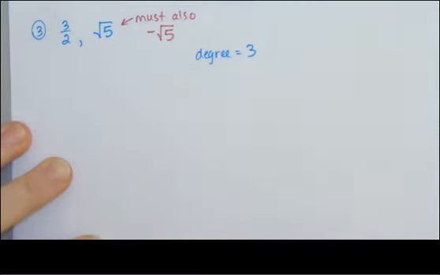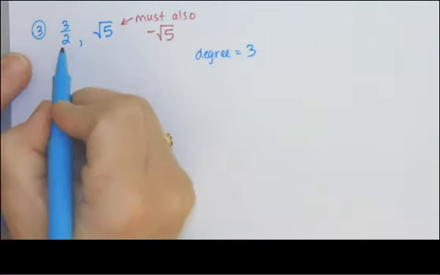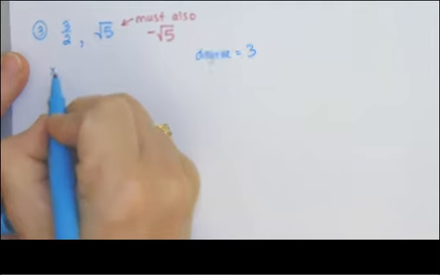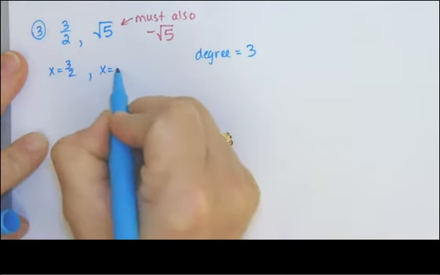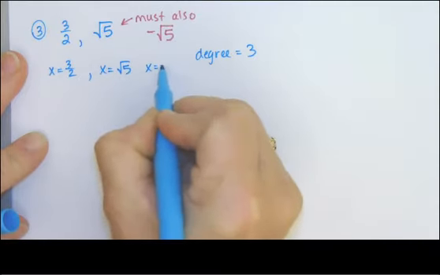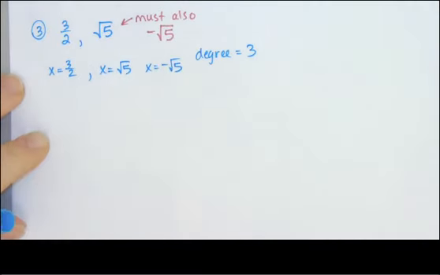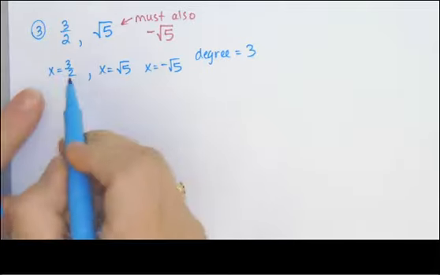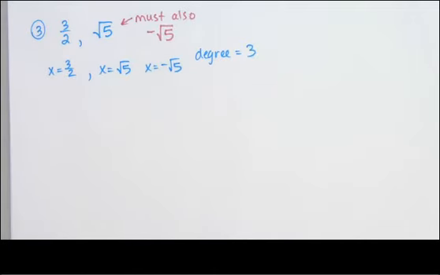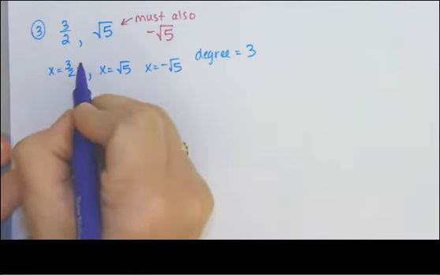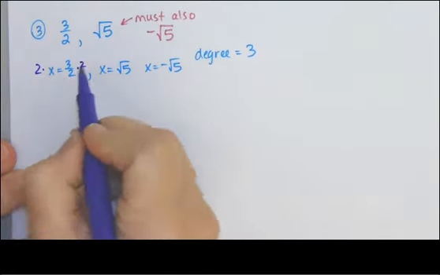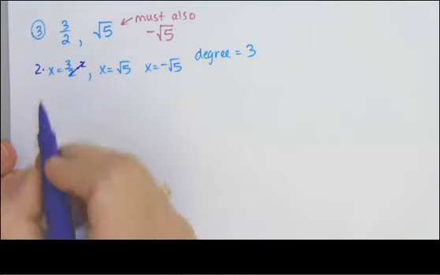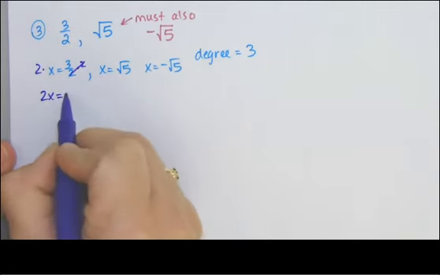All right, let's start with the fraction. We've got x is equal to 3 halves. Let me just write these all out. X is equal to radical 5. X is equal to negative radical 5. On this fraction, if I multiply both sides by 2, and some of you are going to figure this out really quick, I have 2x is equal to 3.